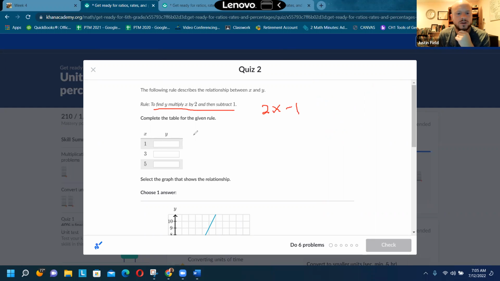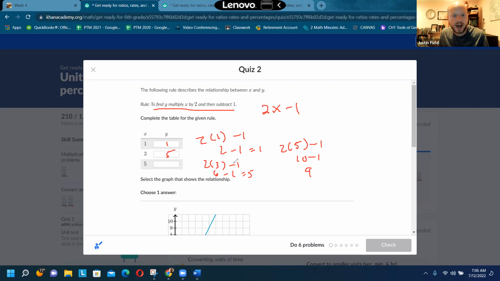So 2 times 1 minus 1. So that's 2 minus 1 is 1. That's 1. And then 2 times 3 minus 1 is 6 minus 1 equals 5. That's 5. And then 2 times 5 minus 1 is 10 minus 1 is 9.